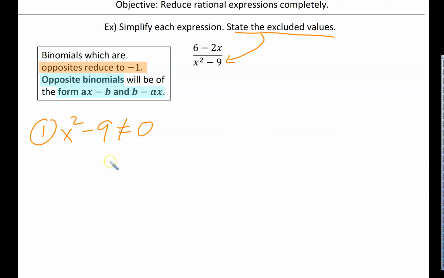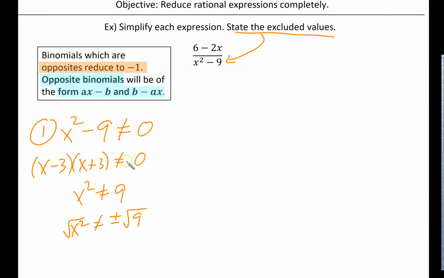You could factor it as x minus 3, x plus 3 and use your zero product property. You could also say x squared cannot be equal to 9 and then use your square root property. Do you remember with your square root property though, then you have that plus or minus over here on the square root of 9 side. So either way, you're going to get x cannot be equal to negative 3 or positive 3.